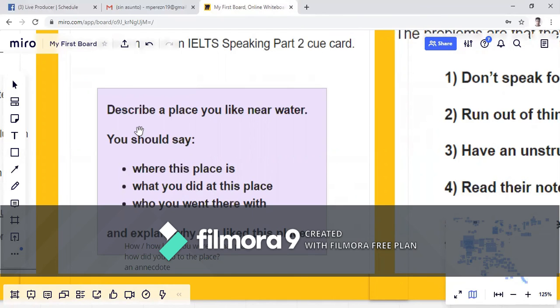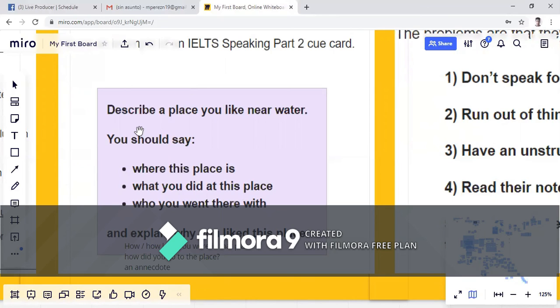No, you can talk about a place maybe that you liked when you were a child, or a place that you would like to visit one day, or a place that you never visited. I don't know. But other topics, for example, you can talk about an object. You can talk about a person. You can talk about a subject at school, university. You can talk about a gift that you received.